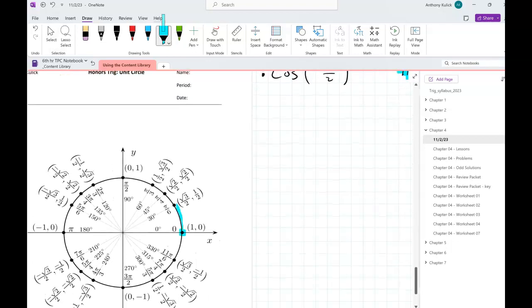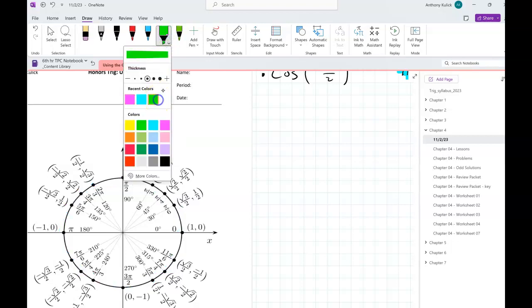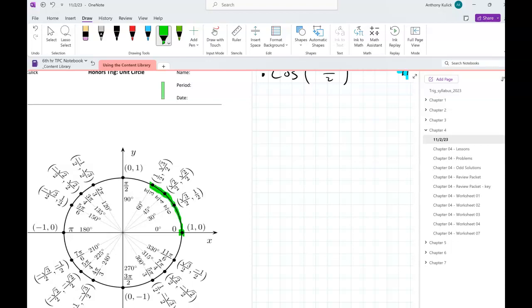So we start at 0, we go to pi, pi to 2 pi, 2 pi to 3 pi, 3 pi to 4 pi. So now we're starting with what we care about, right? So we're starting at 4 pi to 5 pi. So we're talking about quadrants 1 and 2. Are you okay with how I counted around to figure out what 2 quadrants we're looking at?